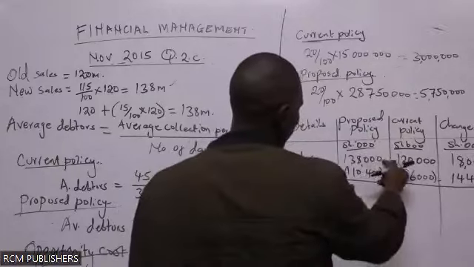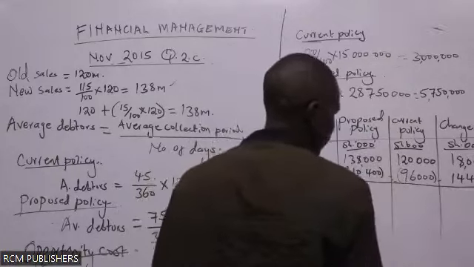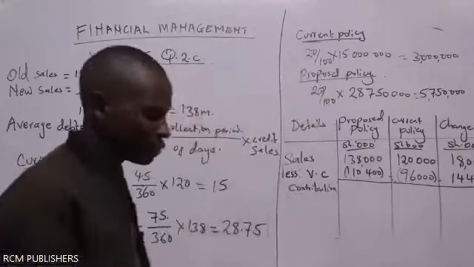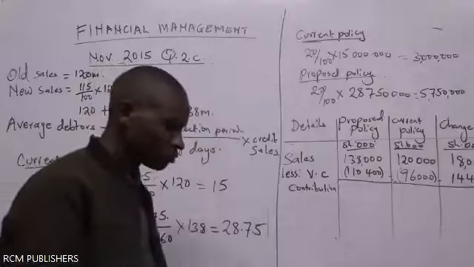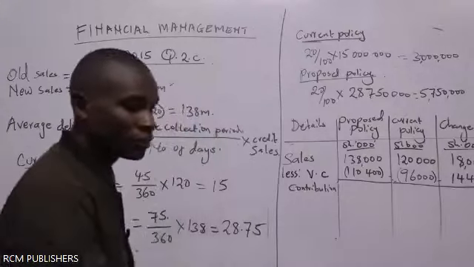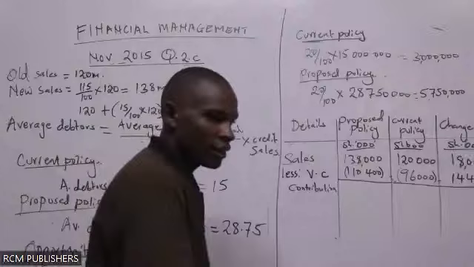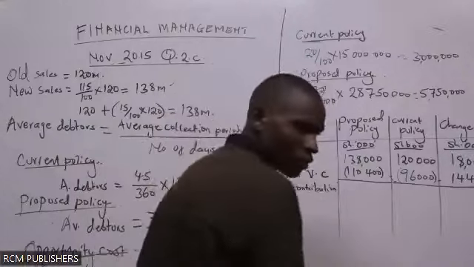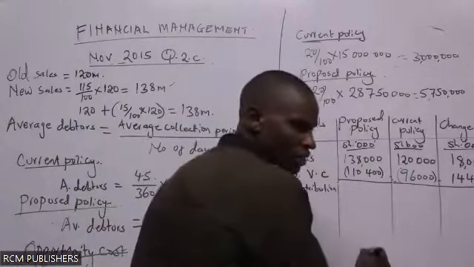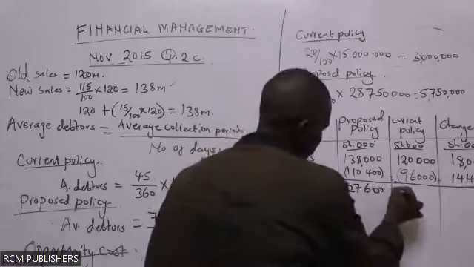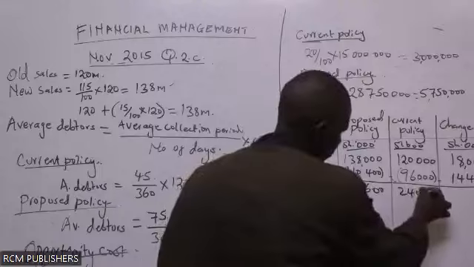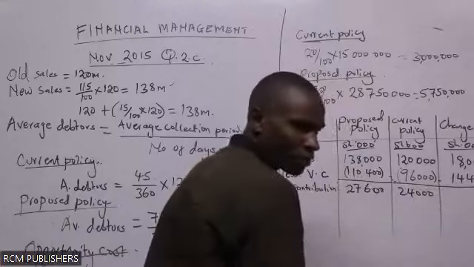You less 138 minus 110,400. You get contribution. Haraka. 27,600 and 24,000. I hope we are correct.